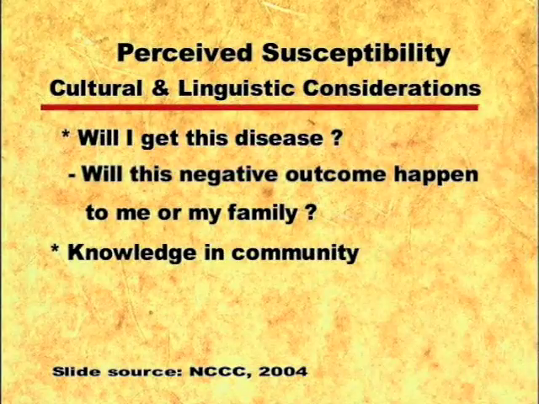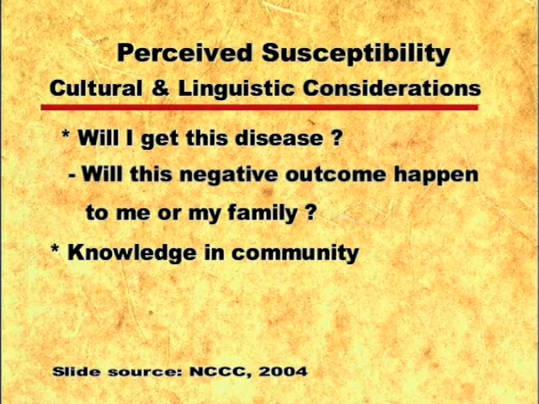As we're thinking about health promotion in culturally diverse communities for individuals and families, we need to think about things like the community's level of knowledge about the problem. What we often find out, while we're reading all the literature about health disparities and problems, is that the communities affected often aren't even aware that it's an impact for their community. So we really have to assess whether people are even aware of it.